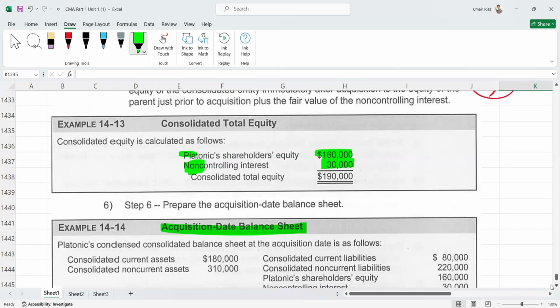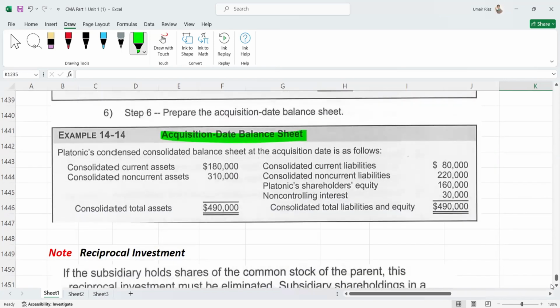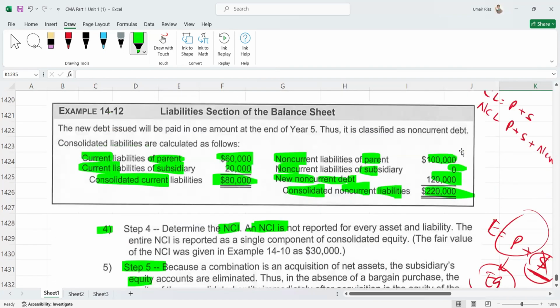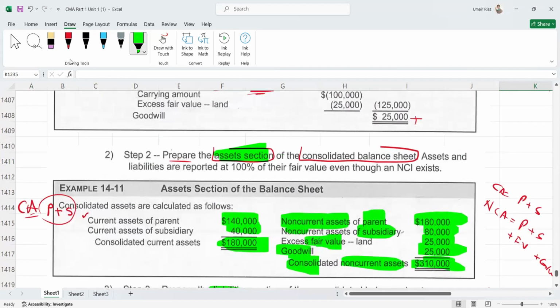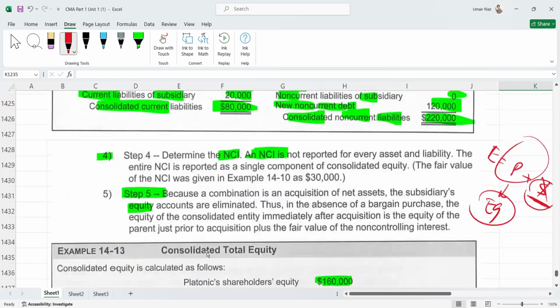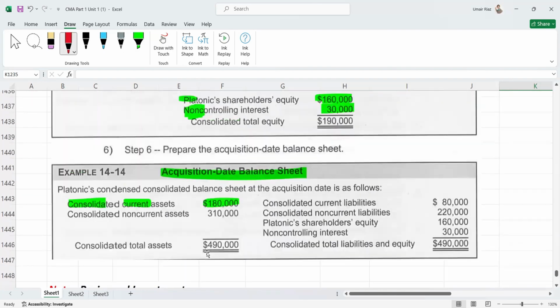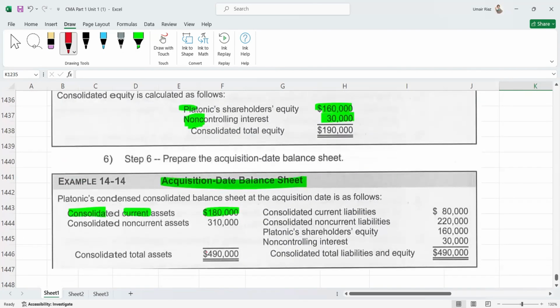So this is how it will be prepared. First of all, we'll write the asset side. We have consolidated current assets we prepared here, 180,000, right? This figure. And for non-current assets, we will write 310,000. Then we have total assets.